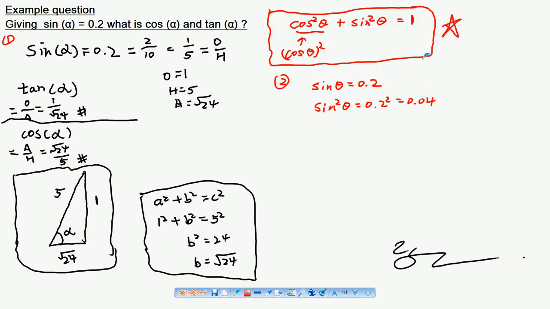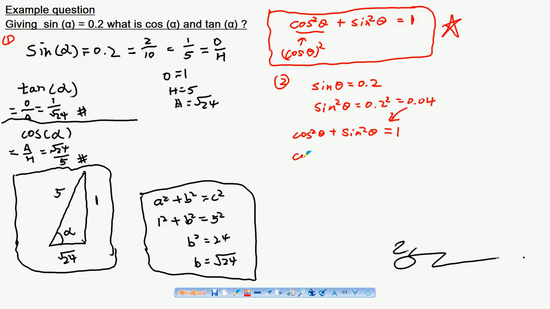Now we just fit it into the equation, where cosine square plus sine square theta equals 1. We substitute this into our equation.